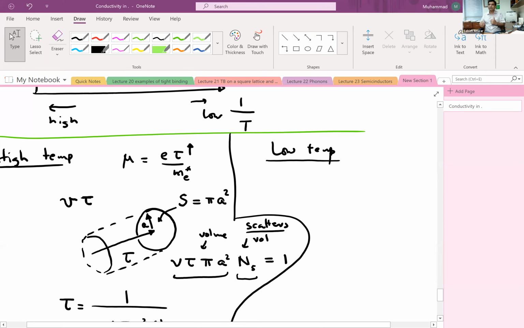So the electrons will now be scattered predominantly by the presence of impurities. You have more impurities, you have more scattering centers. Their sheer number is going to control the mobility.